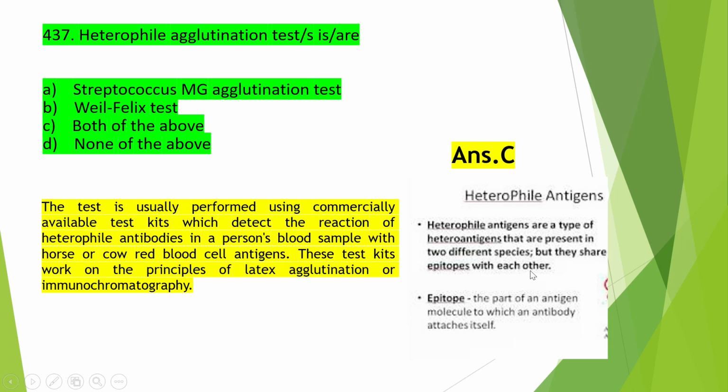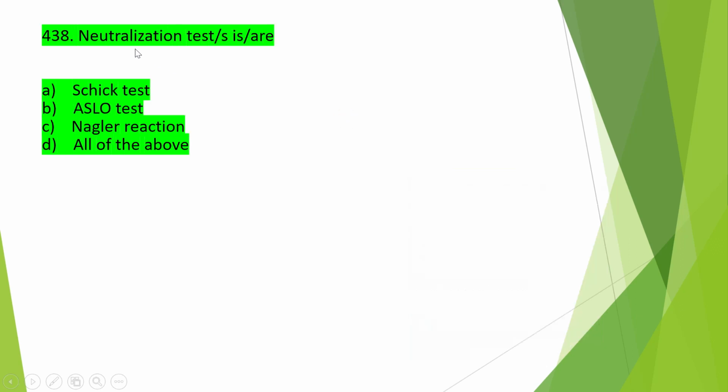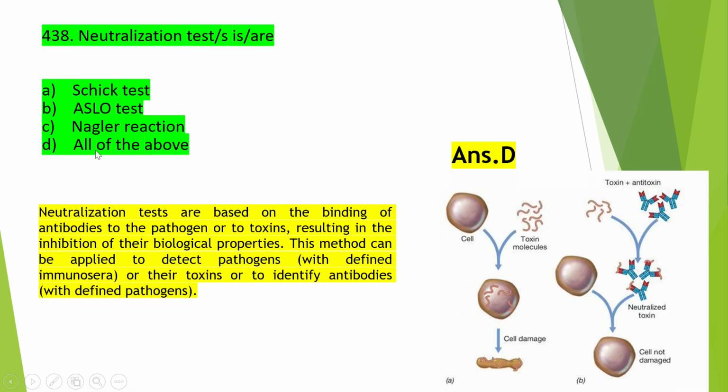Okay, and heterophile antigens are a type of heteroantigens that are present in two different species, but they share epitopes with each other. And what is an epitope? An epitope is the part of an antigen molecule to which an antibody attaches itself. Okay. So next one is neutralization test is or are Schick test, ASLO test, Nagler reaction, or all of the above, and the right one is option D, all of the above.